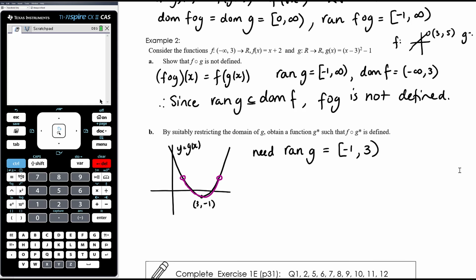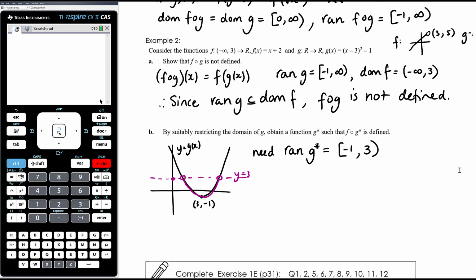So we need that to be y equals 3, so that its range is now just from -1 to 3, not inclusive. Then that will be a subset of -infinity to 3, not inclusive, and therefore the composition will exist. So we need the range of G star, our modified version of G, to be that.